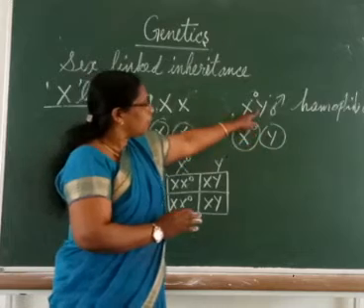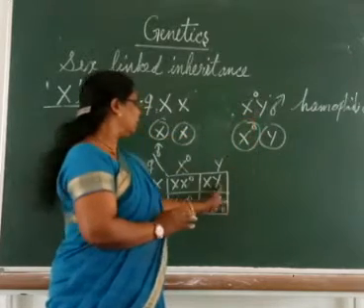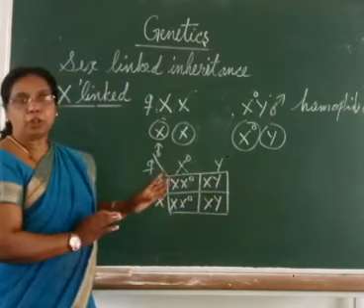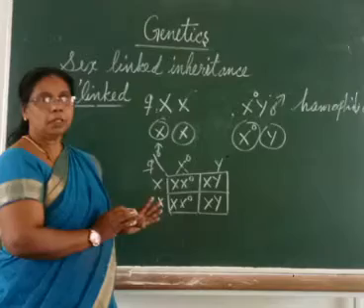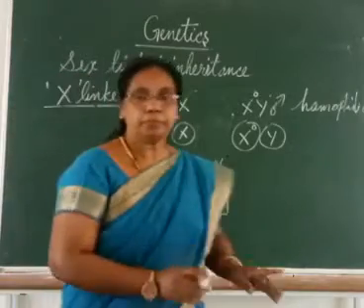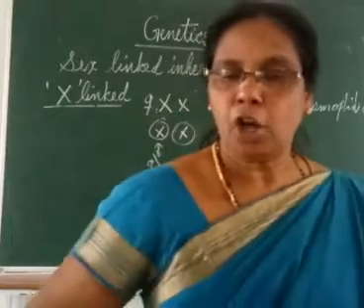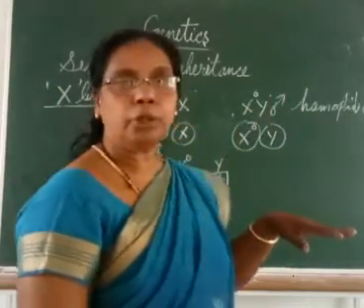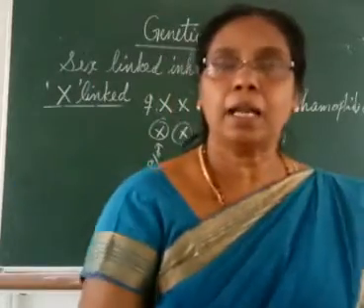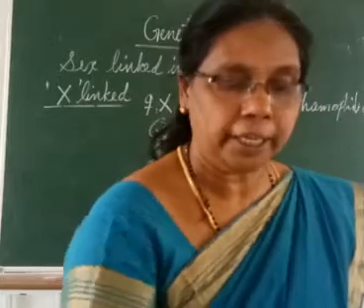Though the father is hemophilic, the 2 male babies are not affected by this. Got it? Okay. Now let us see a normal father and a carrier female, like I showed you in the color blindness case. The same thing follows here.